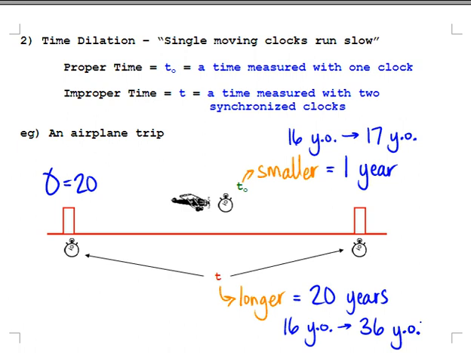Now, I want you to keep in mind, sometimes people look at this and they're like, whoa, I want to be on the airplane then because time slows down, you live longer. You don't actually live longer. If you're on the airplane, Susie only got 1 year's worth of stuff done. She left in grade 11, she's still in grade 12. She only got 1 year's worth of schooling done.